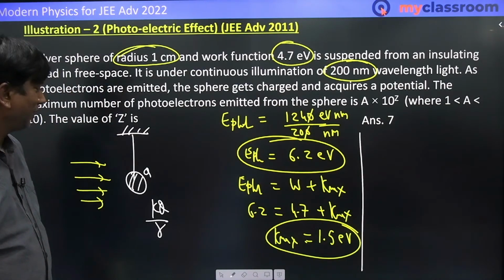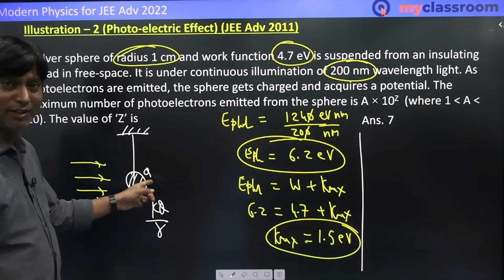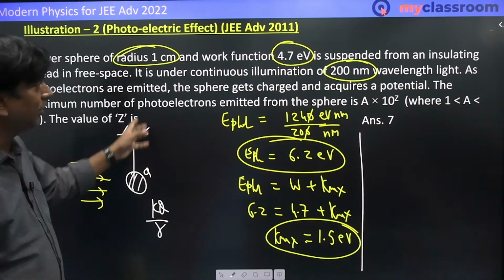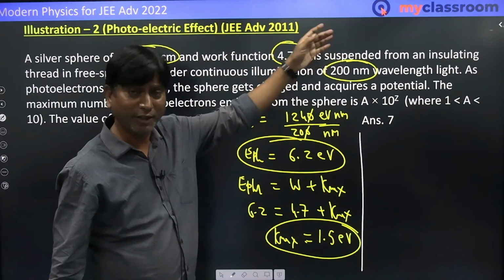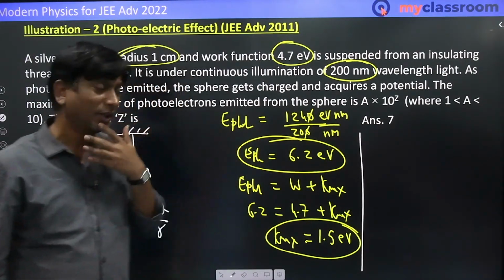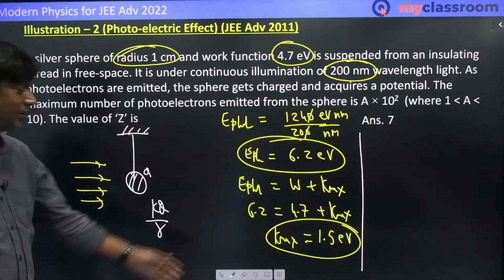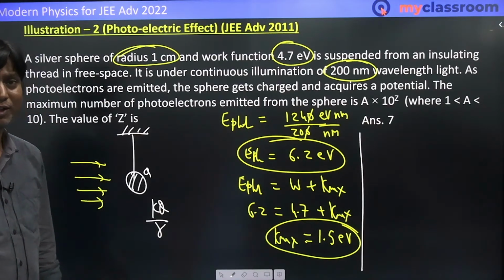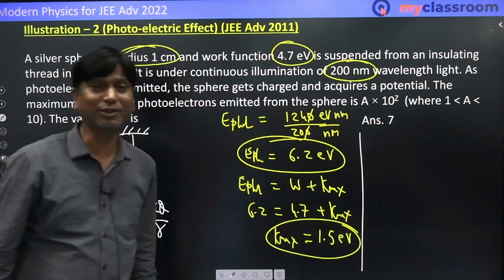When the electron is just ejected from here, it should at the most go to infinity, but it is unable to go to infinity. So is this potential not acting like a stopping potential for these electrons, right or not? This potential, whatever it is acquiring, is trying to stop these electrons.